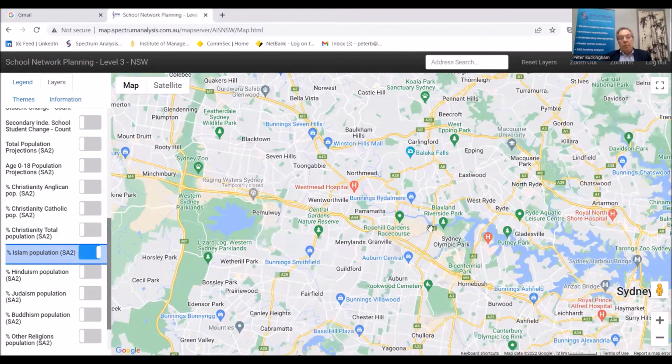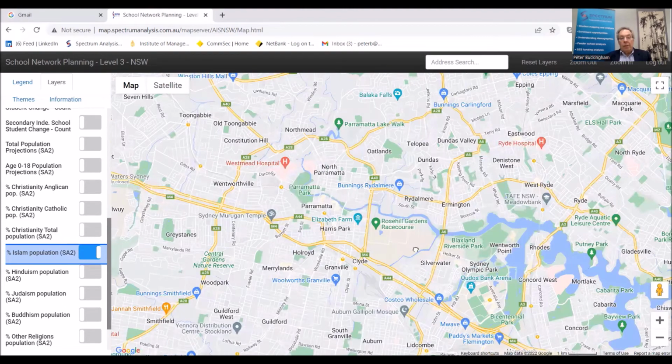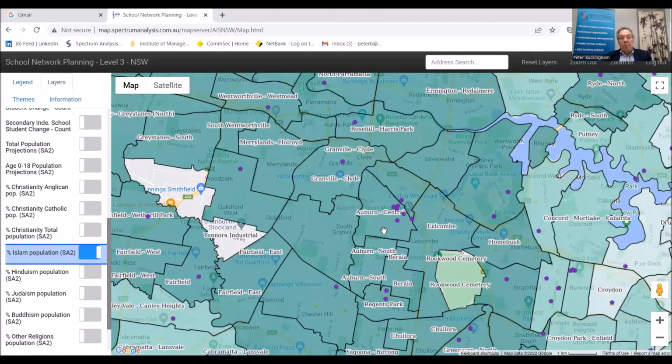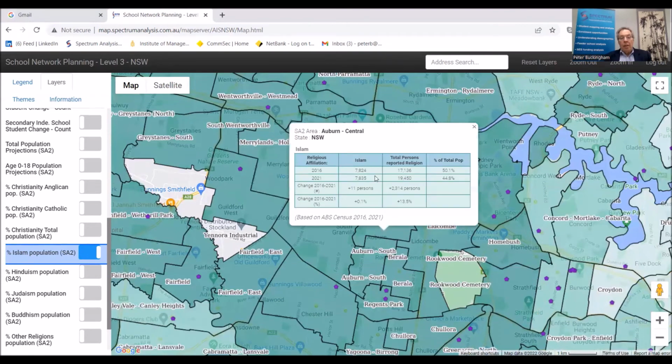So I'll touch in on some of these areas that are very known to be fairly strongly religious. So somewhere like Auburn, well, it used to be 50%, it's now 44%. They're saying they're Islamic. You can see the numbers here, and part of that's due to the total number that reported religion.